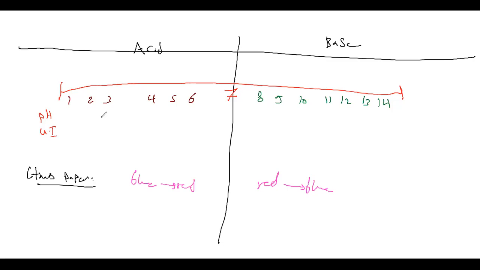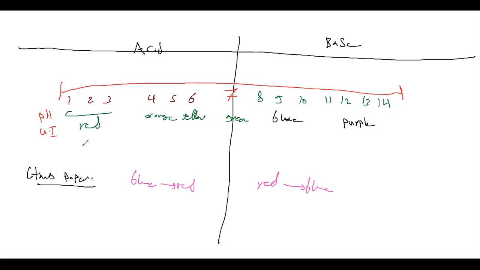For 1, 2, 3, the color in universal indicator will be red. 4, 5, orange. 6, yellow. 7 is green. And then 8, 9, 10, blue, then purple or violet. These are the colors in universal indicator and the pH degree.